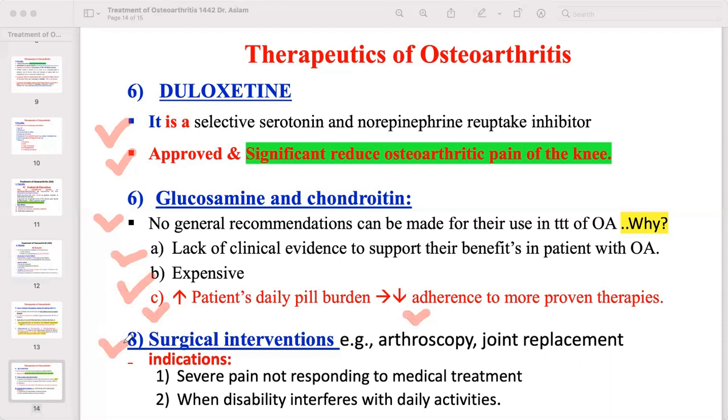If the osteoarthritic patient is not able to get benefits from the oral and topical drugs, then surgical intervention will be the last therapy to treat the osteoarthritis. Surgical interventions include arthroscopy and the joint replacement.